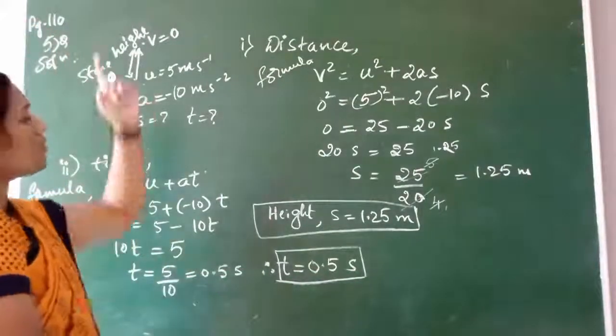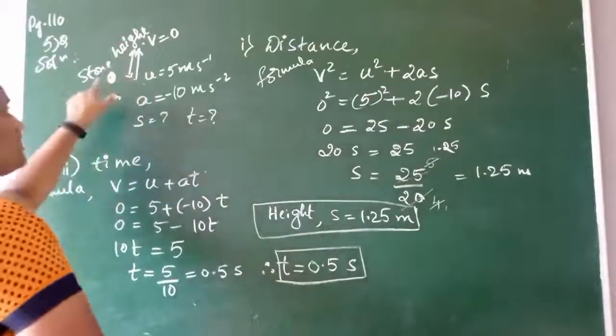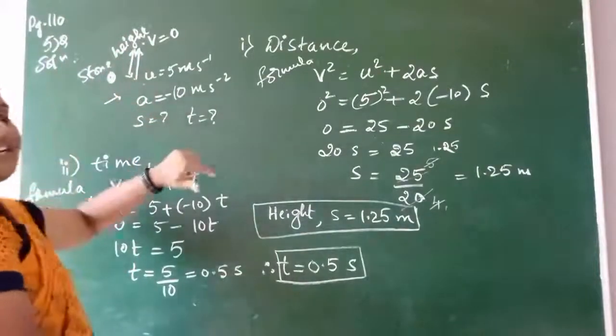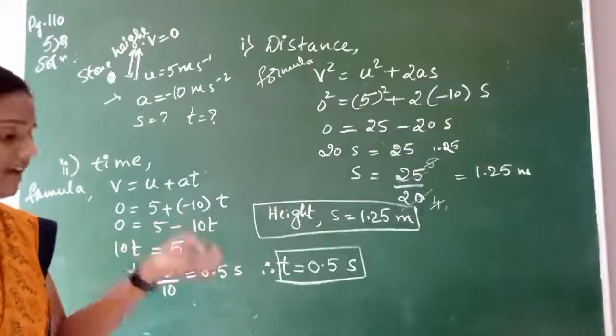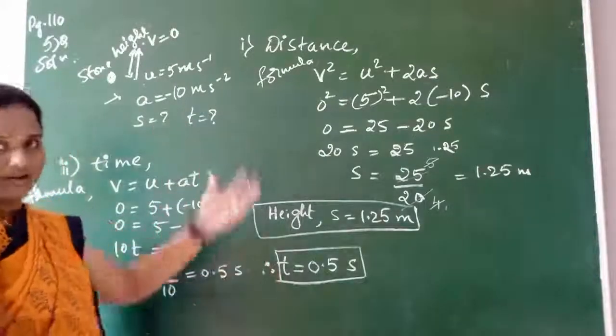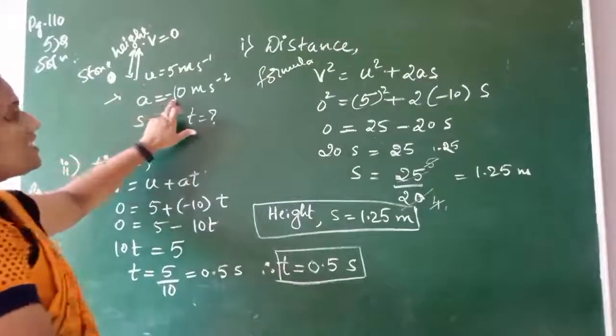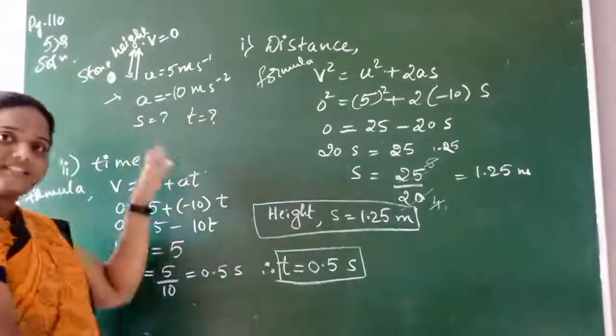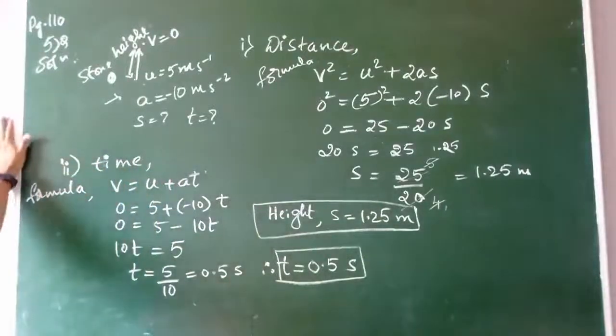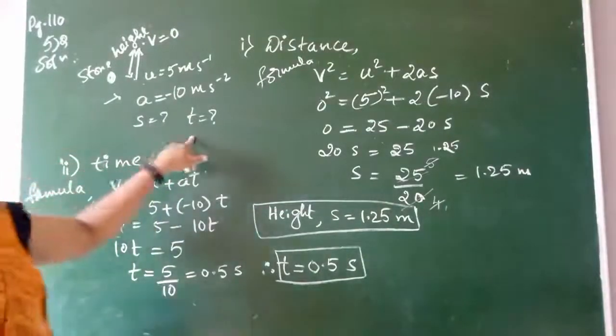Imagine the stone goes in the upward direction. For such an object, the acceleration acts downwards, meaning the earth's gravitational force acts on it. So, it changes its sign to negative. And for this, we need to calculate the distance, nothing but the height, and the time taken.